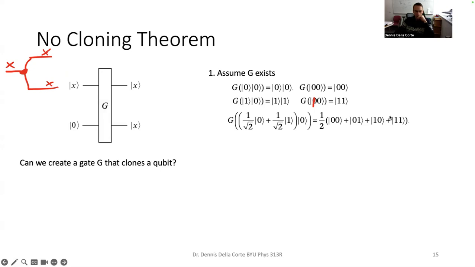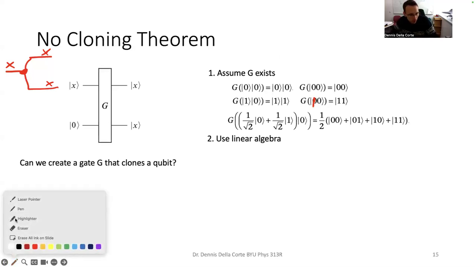Wait, what am I doing here? 1 second. Oh yeah. All we're doing here is we're trying to see what happens if we put a qubit in superposition in. If you put a qubit in superposition in, then it will simplify to 1 over square root of 2, and then you have the 0, 0 state and the 0, 1 state. Hold on a second.